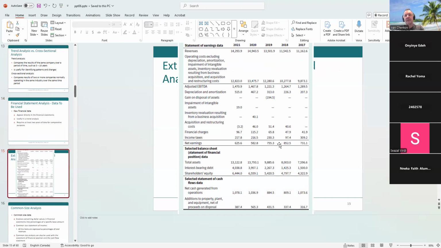That is directly reflected in the earnings. Earnings in some years go up, in some years go down. You see the assets, what's happened with the assets. Assets exponentially increase year after year. Interest-bearing debt is also increasing. Shareholders' equity is also increasing.